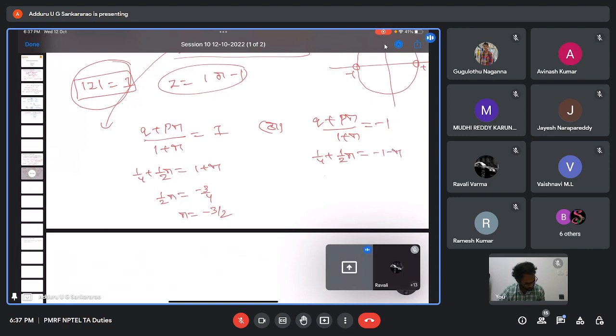So this is 9 by 4, sorry, 5 by 4 equal to minus, sorry, minus 3 by 2 R. So R is minus, sorry, I think somewhere we did something wrong.